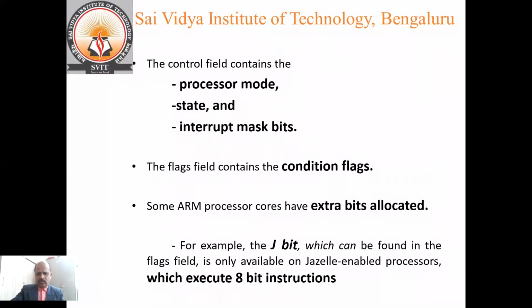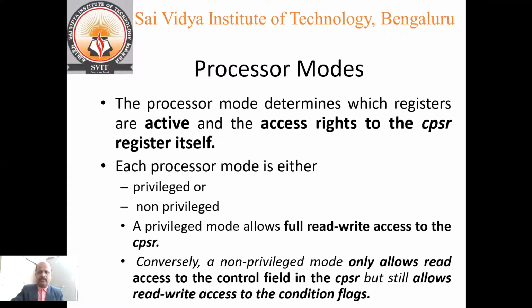Some ARM processor cores have extra bits allocated. For example, the J bit, which can be found in the flags field, is only available on Jazelle enabled processors, which execute 8-bit instructions. The processor mode determines which registers are active and the access rights to the CPSR register itself.